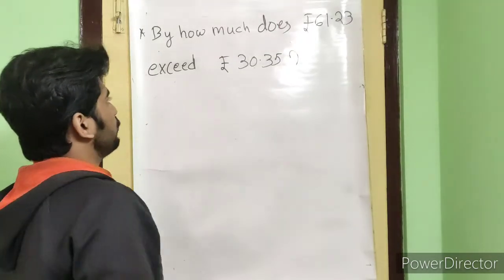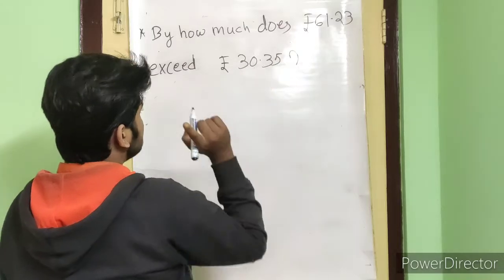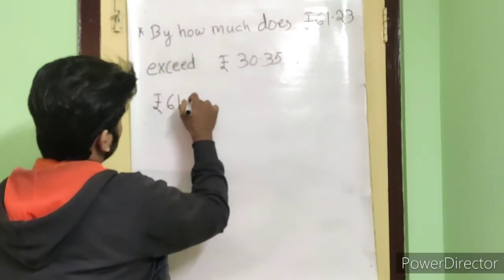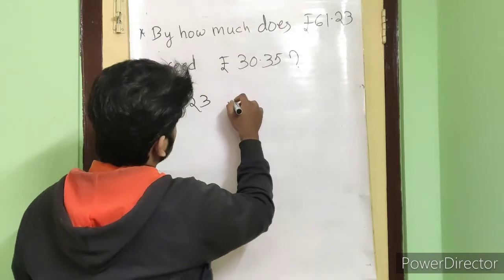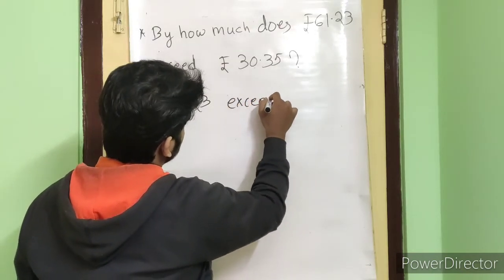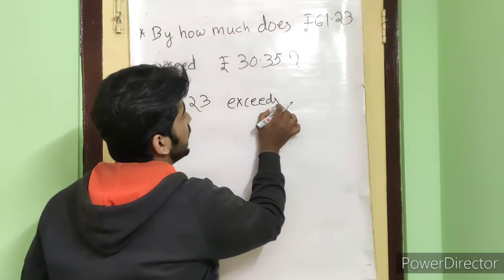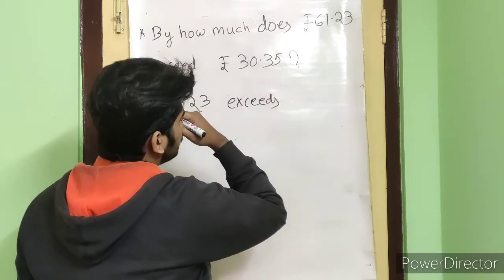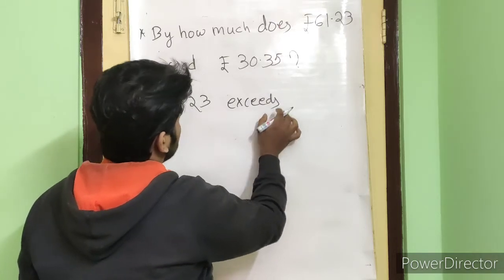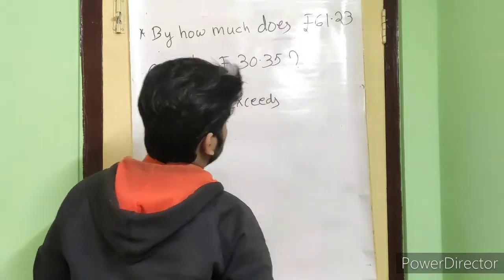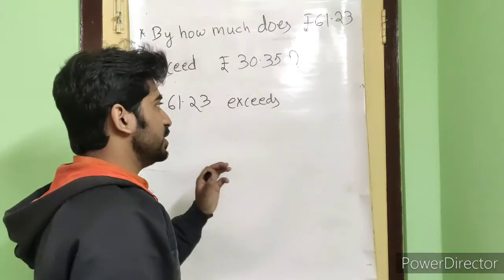Now for the statement, what to write? In a single line we need to write rupees 61.23 exceeds. In your coming years you will get the idea why I have put s here, because does is there, and when it comes to third person singular number, we need to put s.